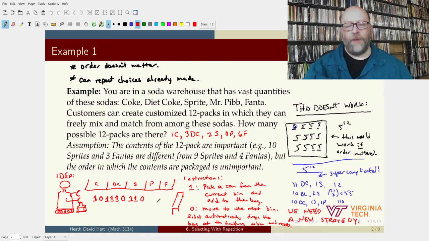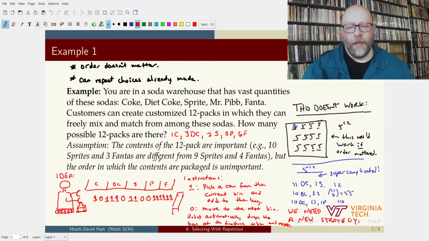Advance to the next bin. Now we're at the Mr. Pibb bin, but there are no Mr. Pibbs to grab. So advance to the next bin and then grab Fantas. There are 6 of them to grab. So 1, 1, 1, 1, 1. The bag is full, and since the bag robot is already at the end of the row, we can put the bag on the finishing table and complete the order.